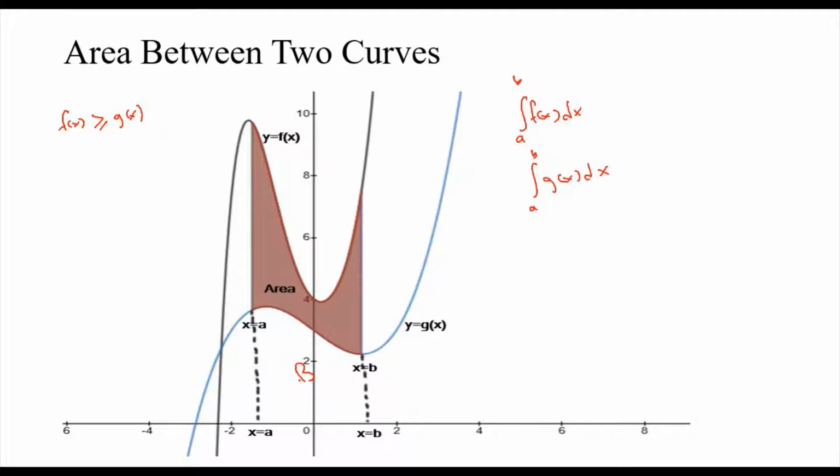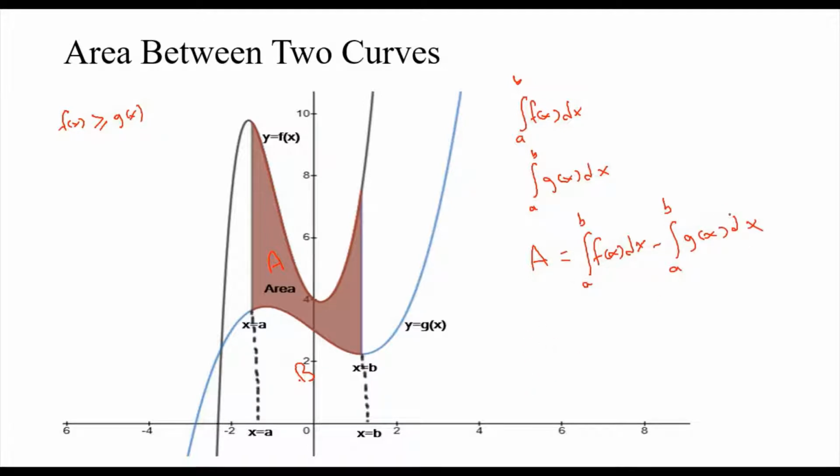Notice that the shaded area, which I'm going to call a, is equal to the total area under the graph of f of x, which is the integral from a to b of f of x dx, minus the area under the graph of g of x, which is the integral from a to b of g of x dx.